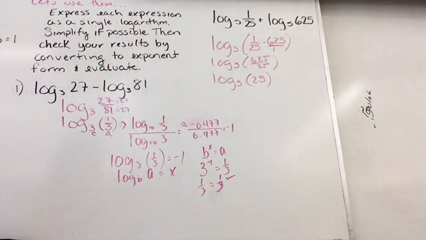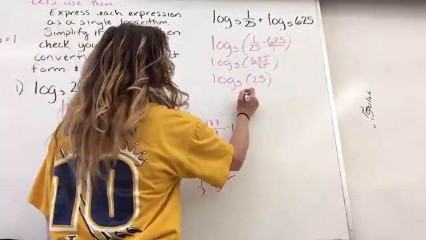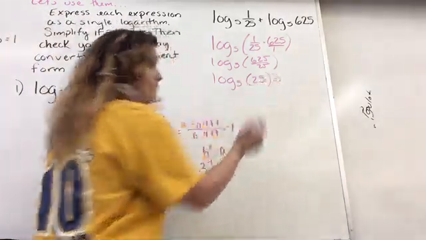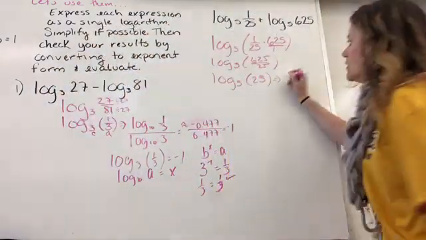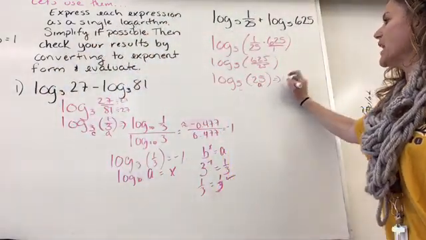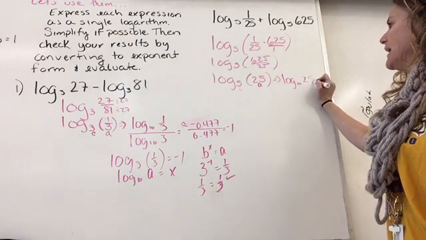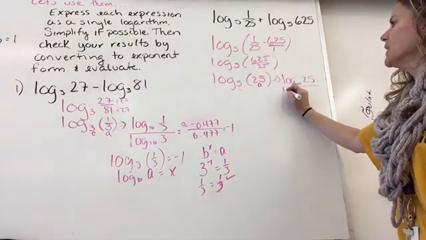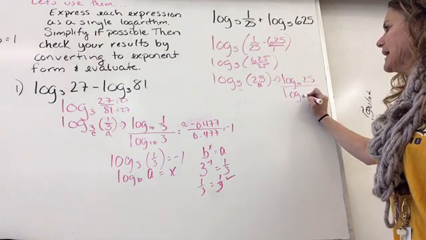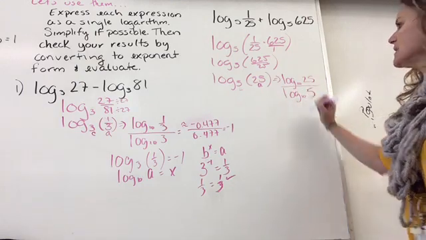Now, we have to change the base, so we're going to use that change of base formula. Remember, we want to change it so it has a base b, which is 10. Remember, this is your c value, this is your a, so it's the log base 10 of a divided by the log base 10 of c.